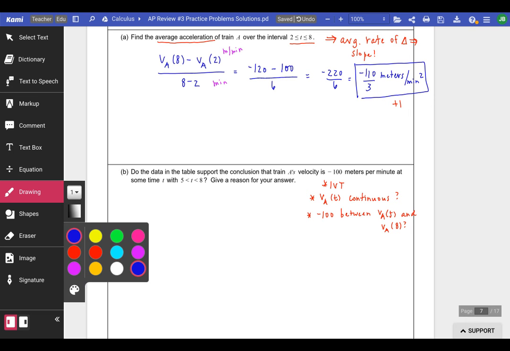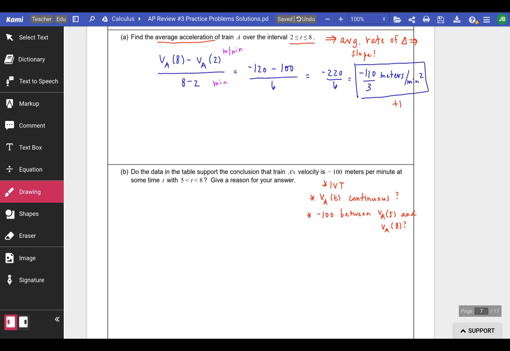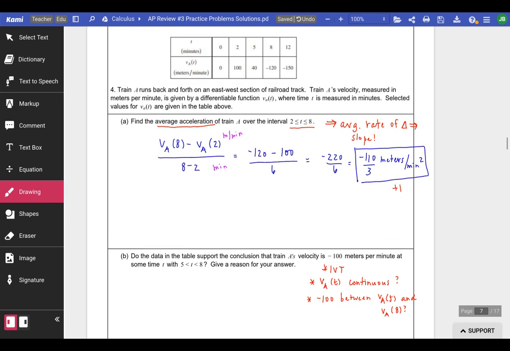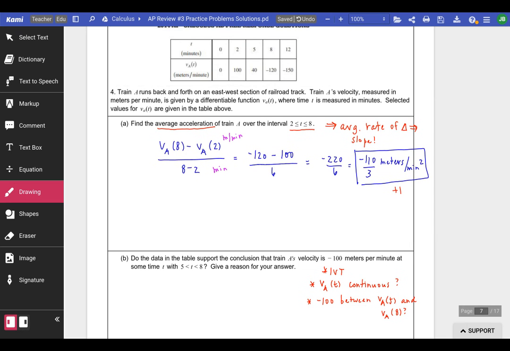So now we've got to go back to the problem and see what we know. For the first part, is it continuous? If I look back here, they didn't tell me that the function is continuous, but they did tell me that this function is differentiable. So now I know if a function is differentiable, it has to be continuous.